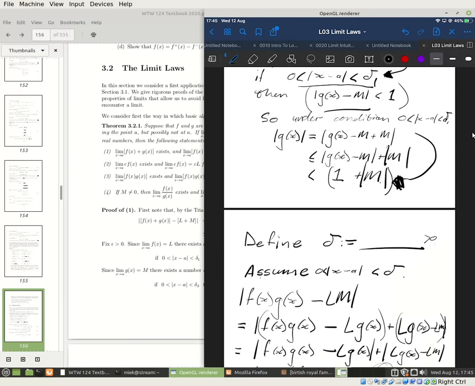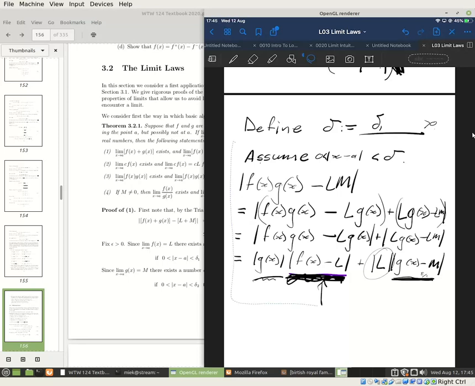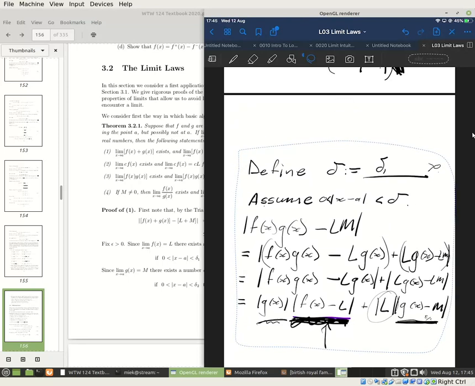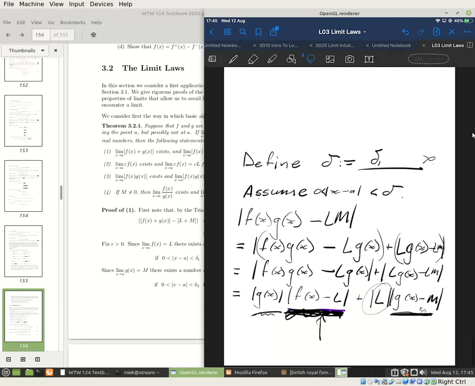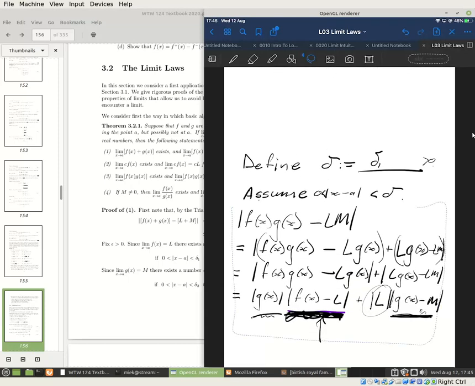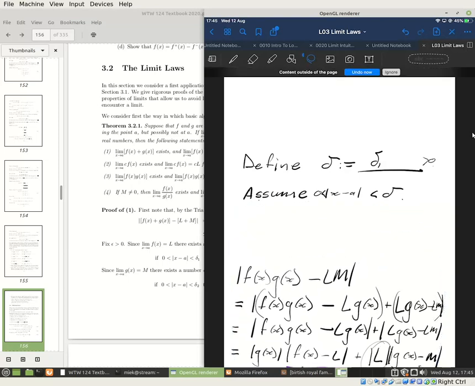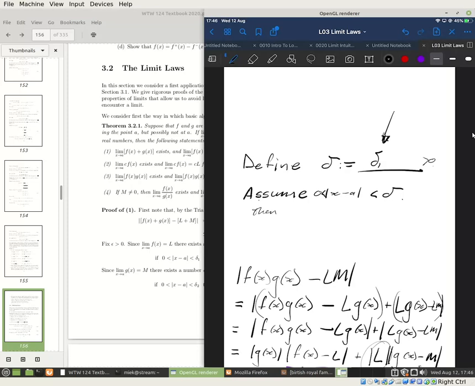But now we should bake in a delta 1 into our delta. So let me rearrange this a little bit so that we have more space, like so. Then if we bake in a delta 1 into our delta, what we have is that 0 is less than x minus a is less than delta, which will be less than or equal to delta 1.